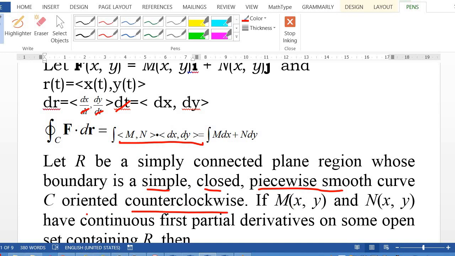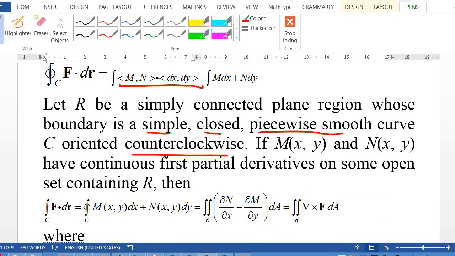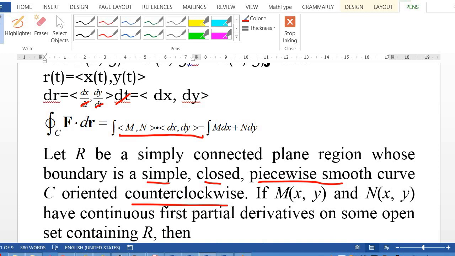M(x,y) and N(x,y) have continuous first partial derivatives on some set containing the region R. Last time you learned the line integral along the curve C. Because it is a piecewise smooth curve, say a triangle, you would have three curves and have to do C1, C2, C3 three times.